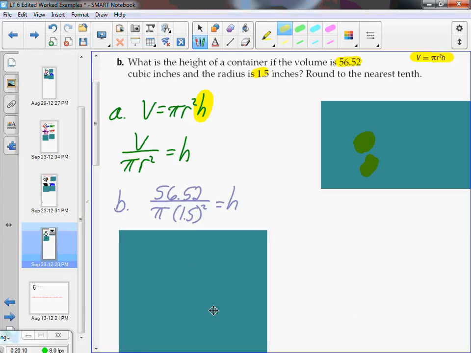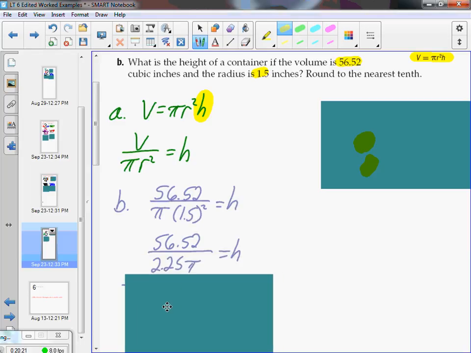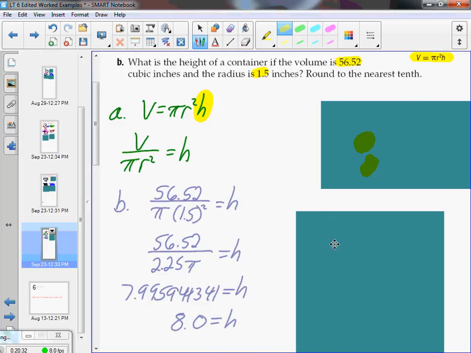And you're going to want a calculator at this point, aren't you? Okay? So the 56.52 stays the same. When you square 1.5, you get, not 3, that'd be 1.5 times 2. You get 2.25. And still times pi, and then do the division. Now let me show you what to be careful of on your calculator.